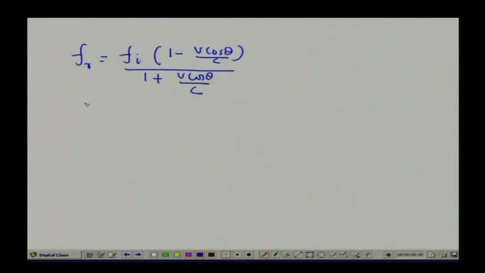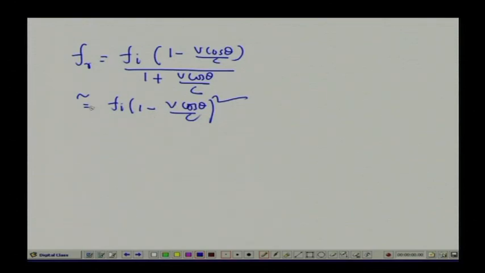This we can simplify to Fi times (1 minus V cos theta by C) whole square, where Fi is the frequency of the incident beam and Fr is the frequency of the reflected beam of the ultrasonic wave.